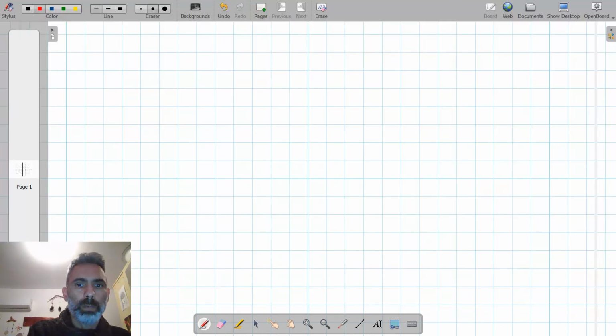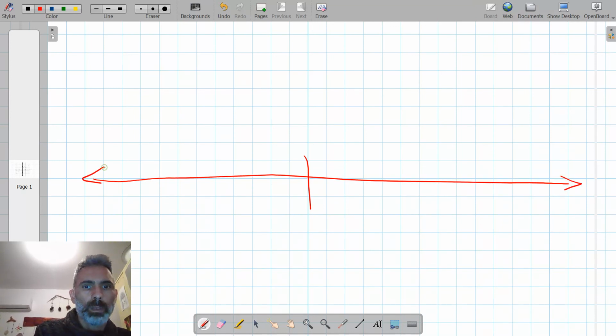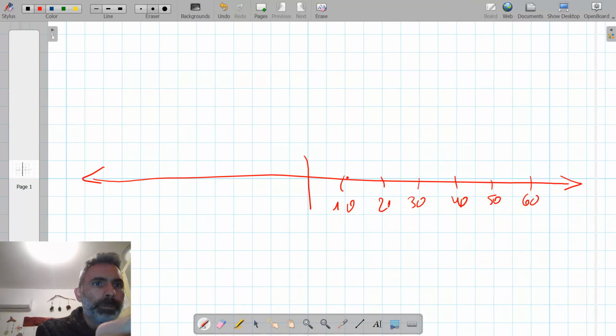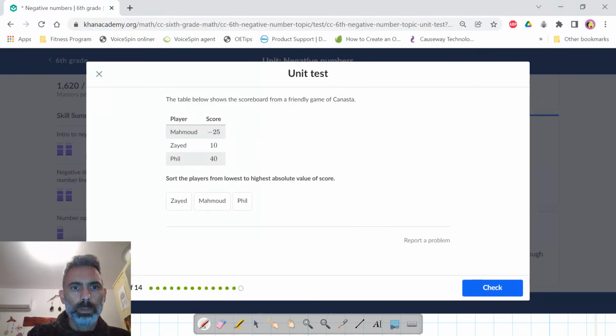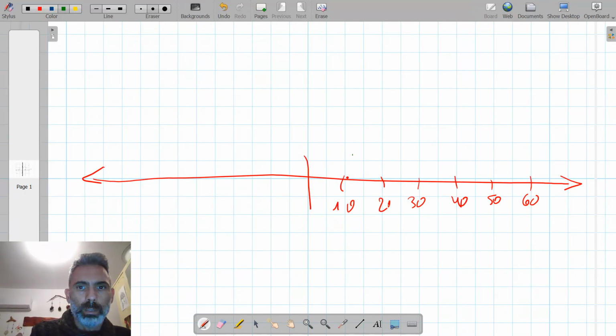Okay, because on the number line, let's say each hash mark represents 10, 20, 30, 40, 50, 60. So 10 is Zayed. Then comes Mahmoud.